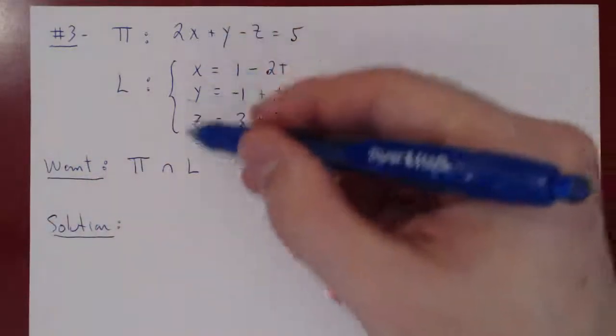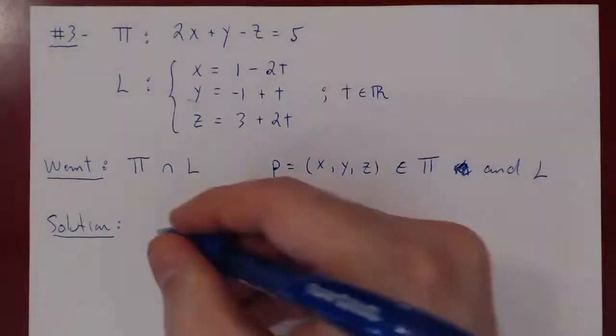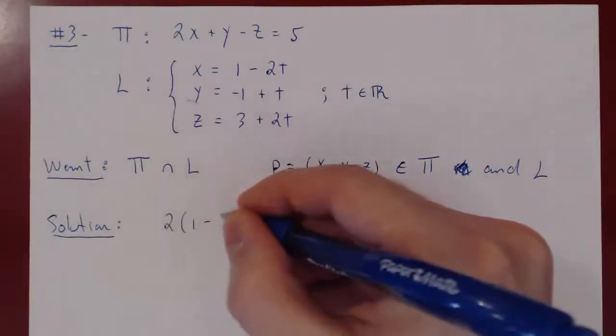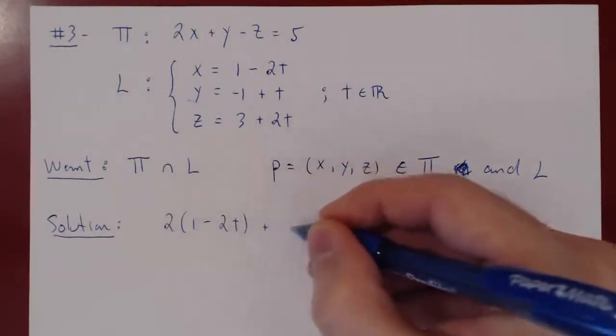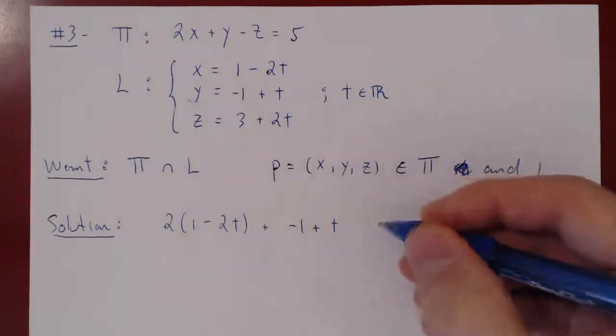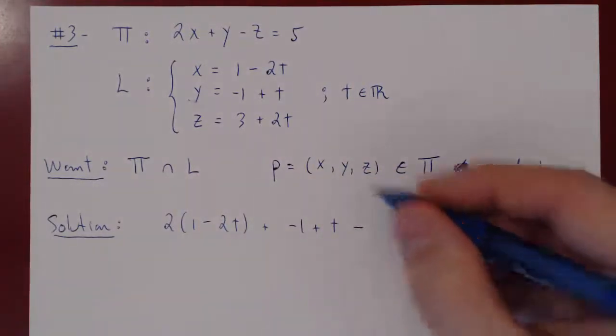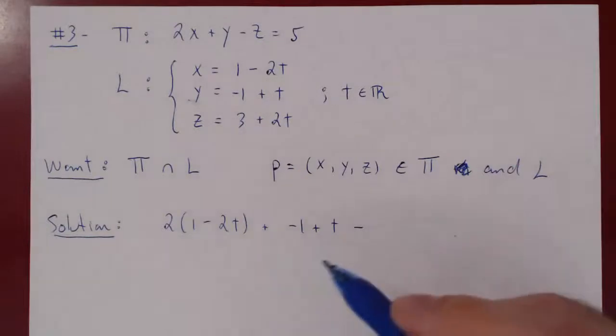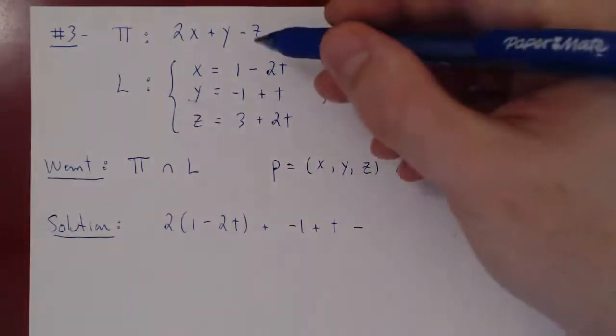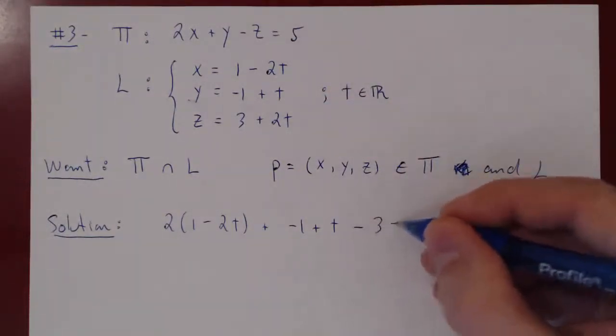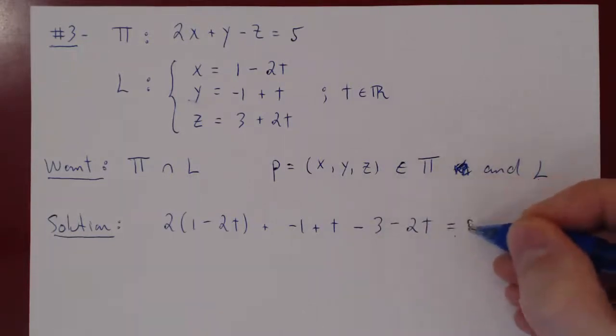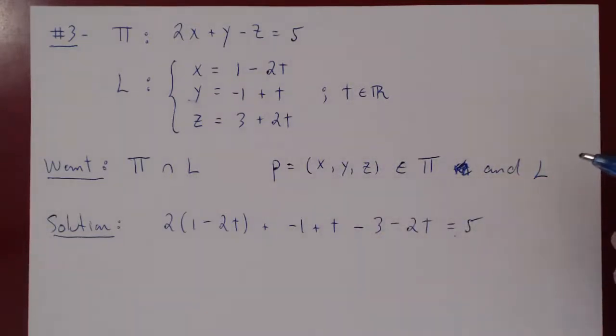Because all of these equations must be simultaneously true. So 2 times (1 - 2t), plus (-1 + t), minus (3 + 2t). But be careful, you have to negate z entirely, and you'll get -3 - 2t. This must be 5.